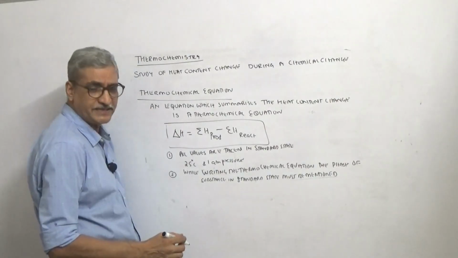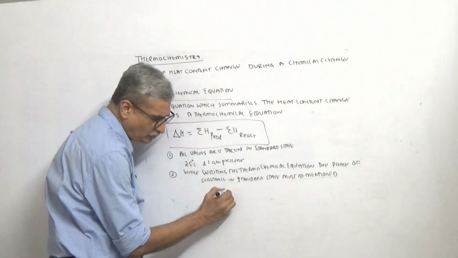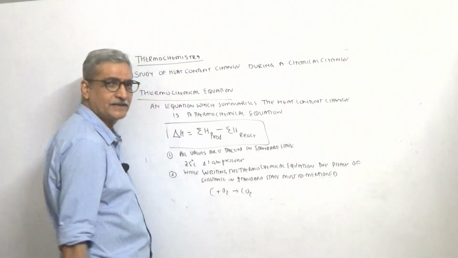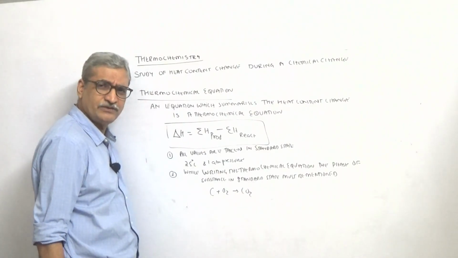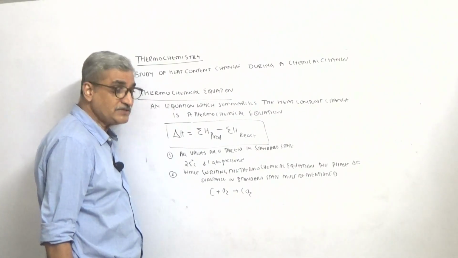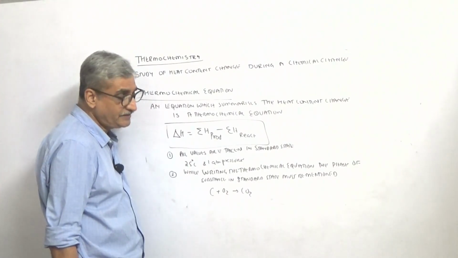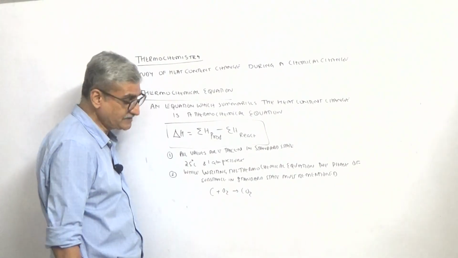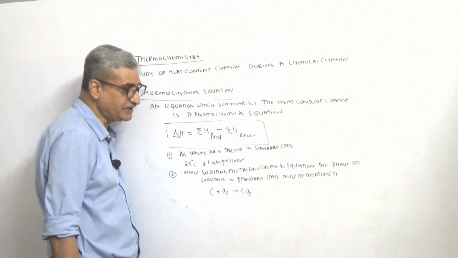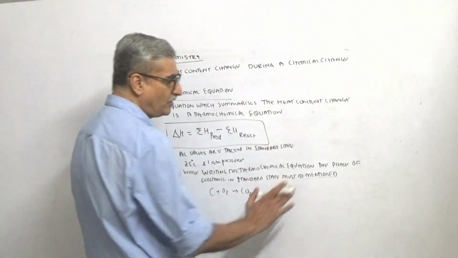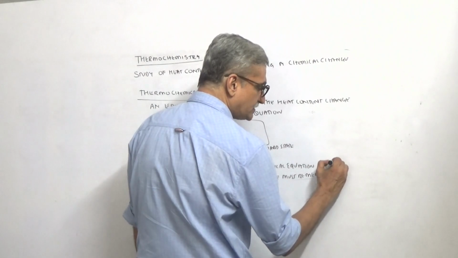For example, if I am saying C plus O2 forms CO2, this is an incomplete thermochemical equation. Why? Because at 25 degrees centigrade, what phase is it? It is solid, the physical state. Either you say phase or physical state would be a more correct answer.